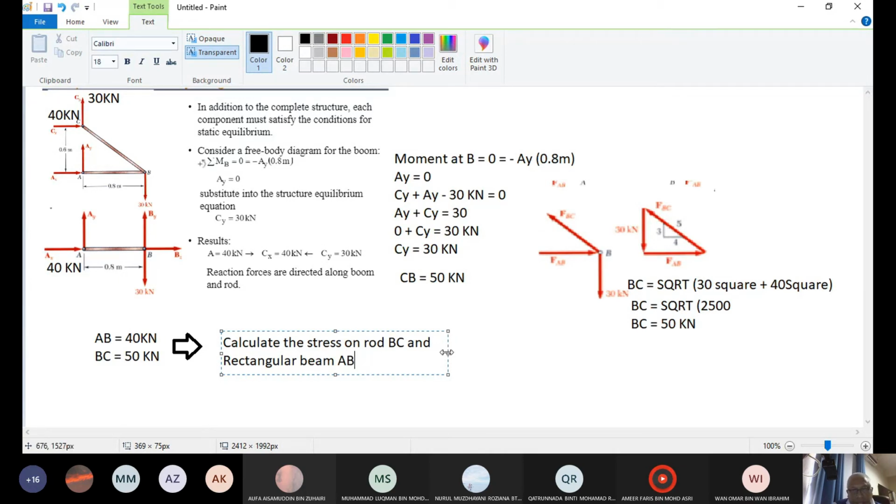This is very simple exercise. You need just to calculate tension stress.